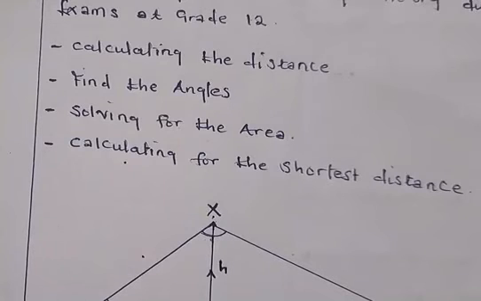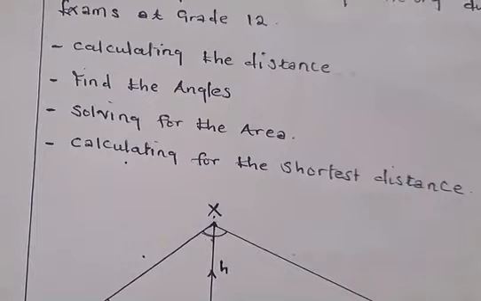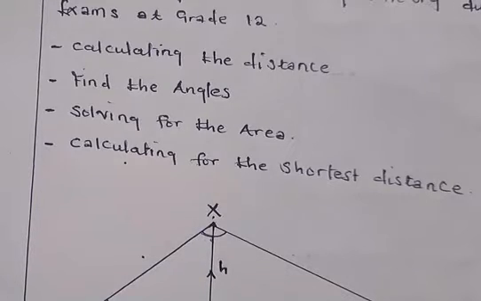So we have a number of formulas to use, following the trigonometric ratios. I'm sure when you are given a right angle triangle, you can use SOHCAHTOA, that is sine, cosine, and tangent.